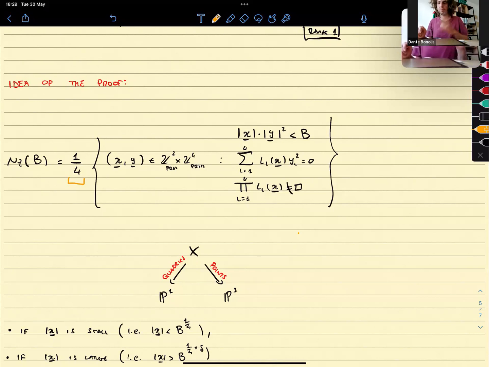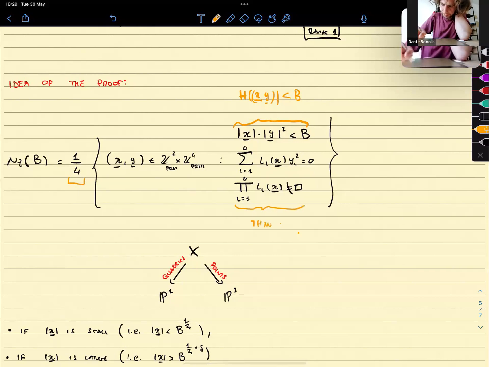So this is just correcting the action of the units. And this condition here is the height function condition. And this is the removal of the thin set.